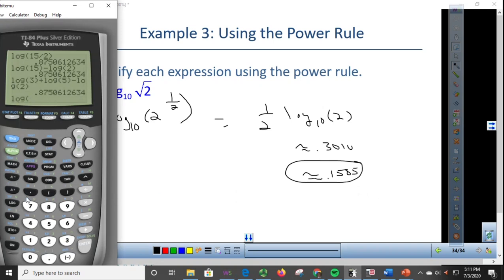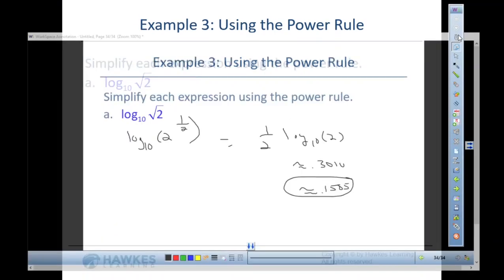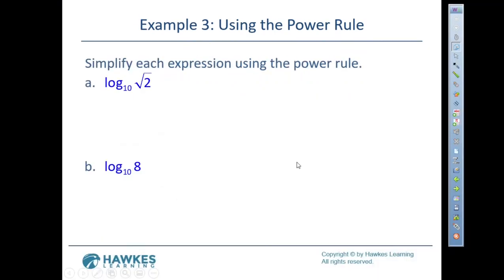So log base 10 radical 2 is going to give us 0.1505, which is the same as 1 divided by 2 log of 2, 0.1505, which is the same as 0.5 log base 10 argument 2, 0.1505. All right, so again, hopefully you're looking at this and you're saying, okay, this is making a little sense.